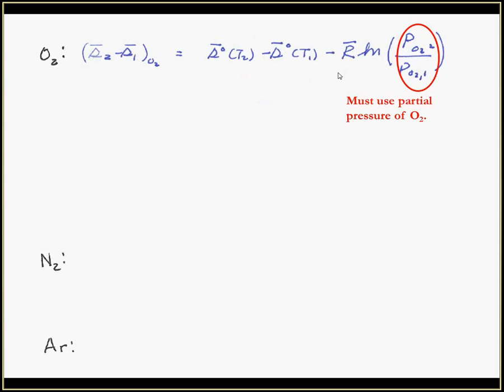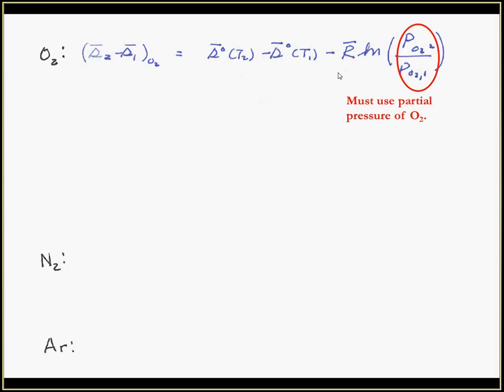Very important point. Remember that Dalton's model is what allows us to do any of these calculations. And Dalton's model says that each component of an ideal gas mixture behaves as if it existed at the temperature of the entire mixture and the volume of the entire mixture. So T of oxygen is the same as T of mix. Volume of oxygen, same as volume of mix. Not so with pressure.